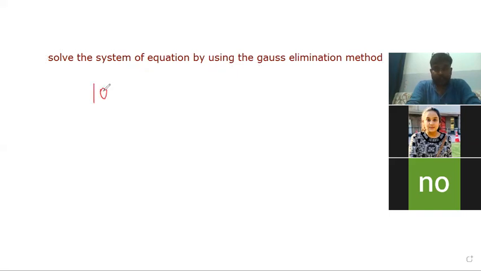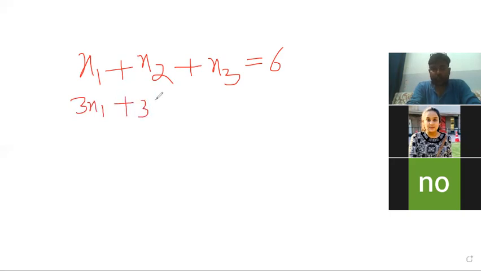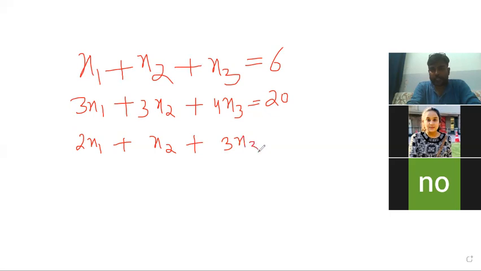I have written a question, a simple example. x1 plus x2 plus x3 is equal to 6. 3x1 plus 3x2 plus 4x3 will be 20. 2x1 plus x2 plus 3x3 will be 13.